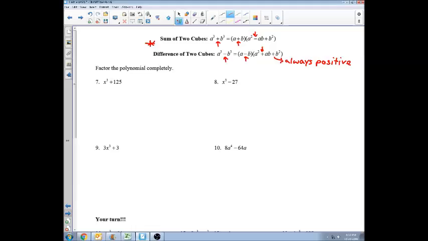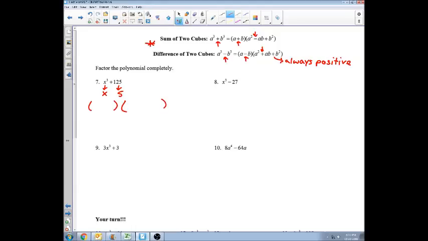So let's look at number 7. X to the third, is that a perfect cube? Yes, it is. 125, is that a perfect cube? Yes, it is. If I take the cube root of x to the third, I will get x. If I take the cube root of 125, I will get 5. Okay? So now what I'm going to do is have two sets of parentheses. One smaller set and one much larger set.